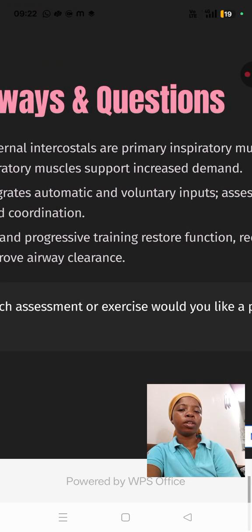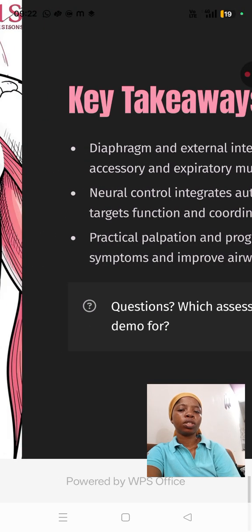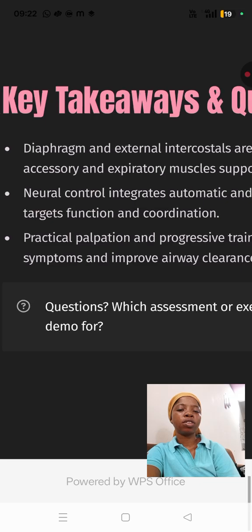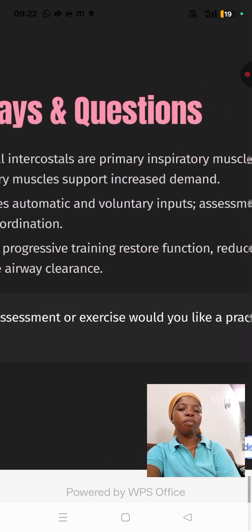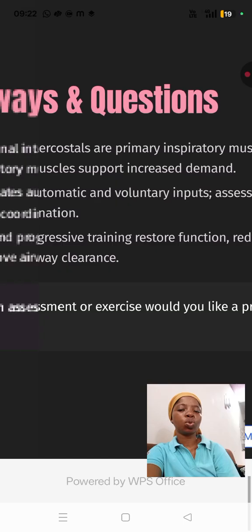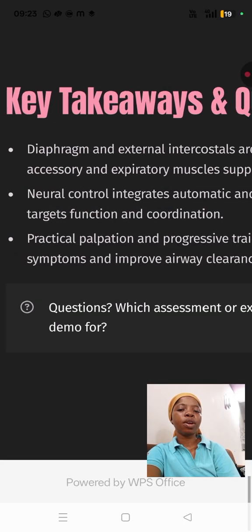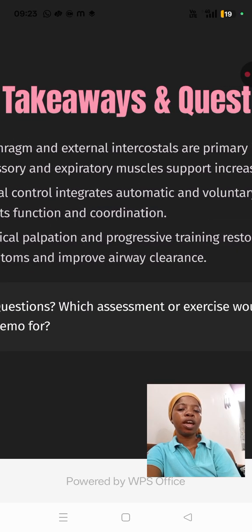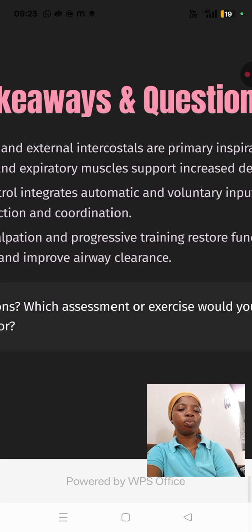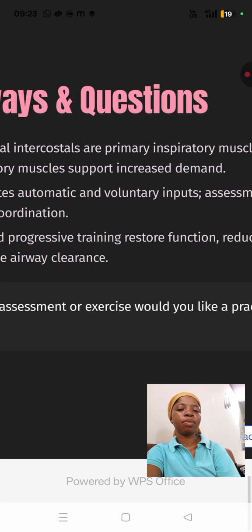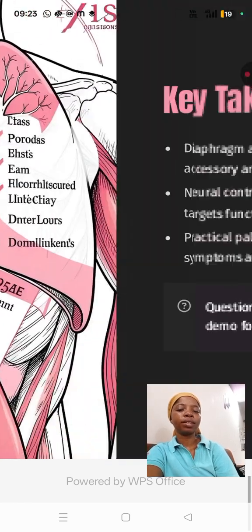Key takeaways and questions. Diaphragm and external intercostals are the primary inspiratory muscles. Accessory and expiratory muscles support increased demand.